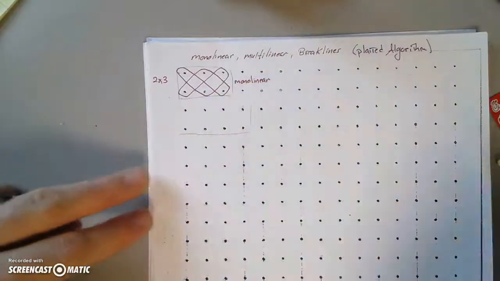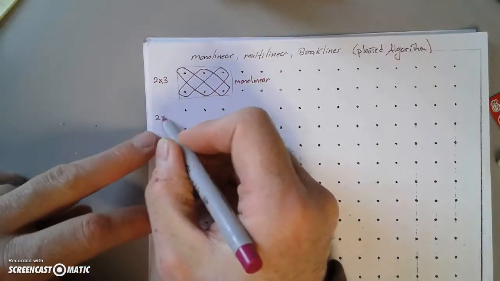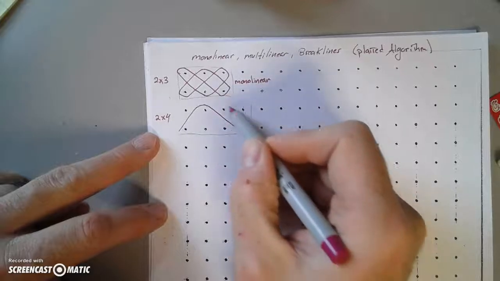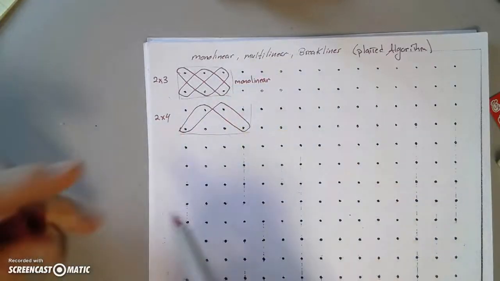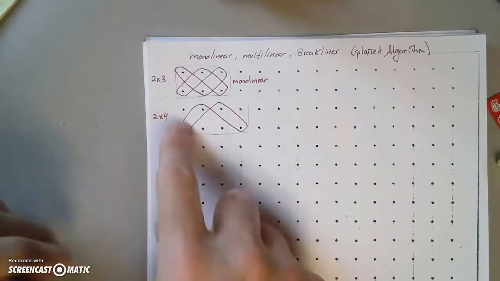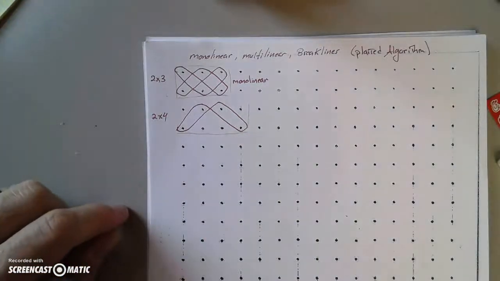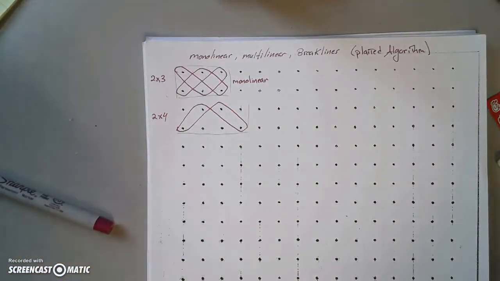All right, so there's a 2x4. The first number always refers to the rows. So if I do the same thing, notice that it's not monolinear. I haven't finished encompassing all the dots, but I have returned back to where I started.